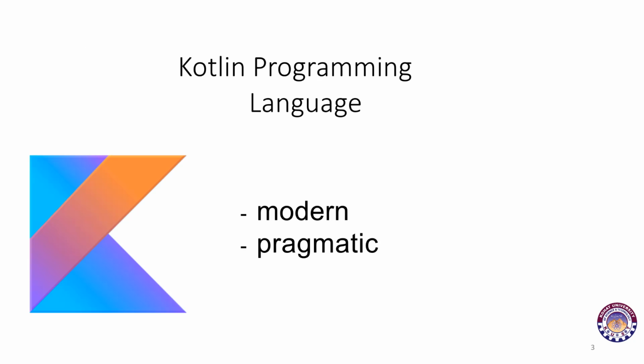So Kotlin is a modern programming language. It's pragmatic. It's very realistic. It prompts the programmer to be concise and clear. So you must be careful while writing your code.